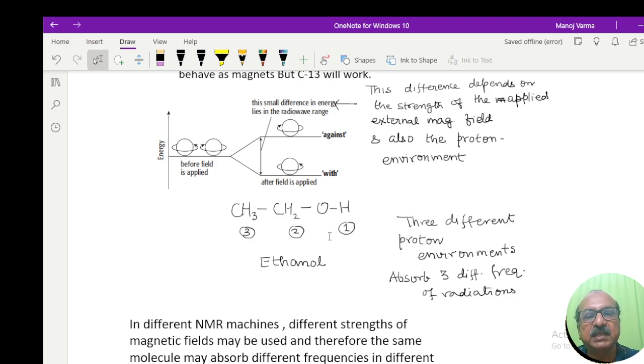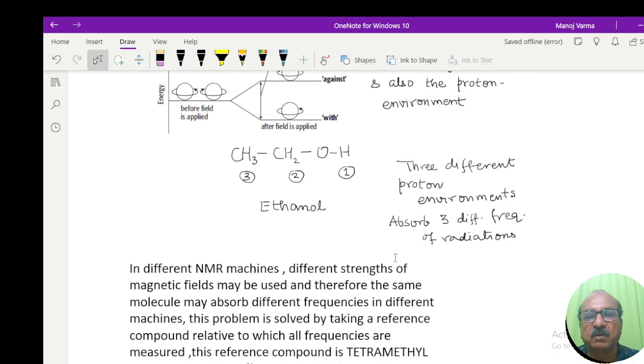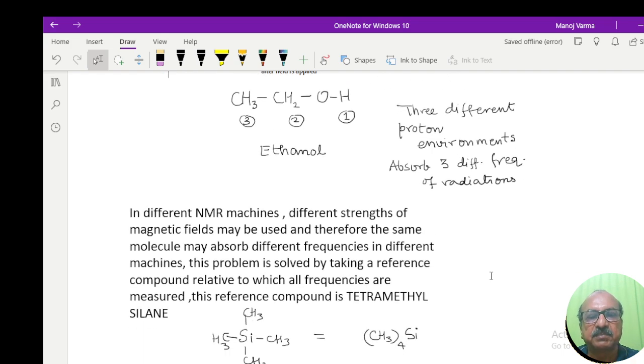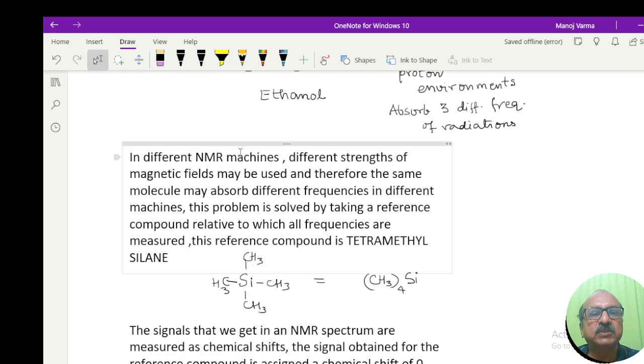So there are three different environments for these protons, and therefore these protons will absorb three different radio waves from the NMR machine. But now here is a problem, that if we use different NMR machines, then they may be using different strengths of the magnetic fields, and therefore the same molecule may absorb different frequencies in different machines.